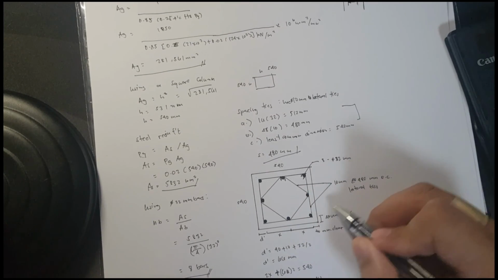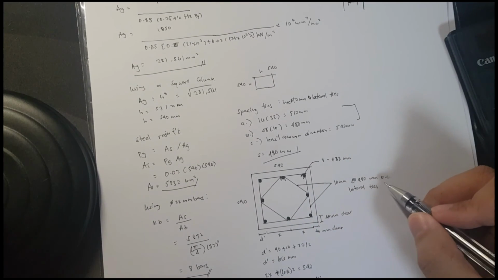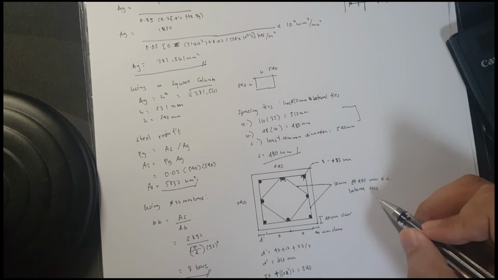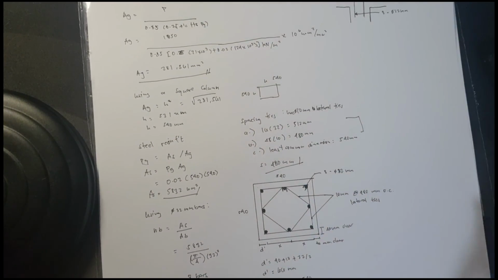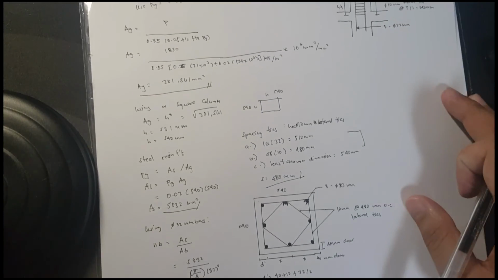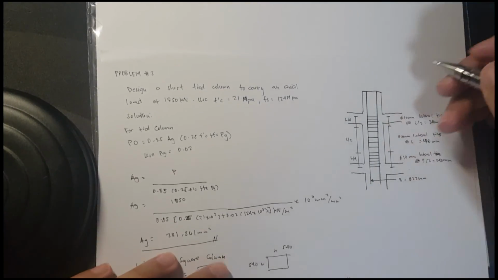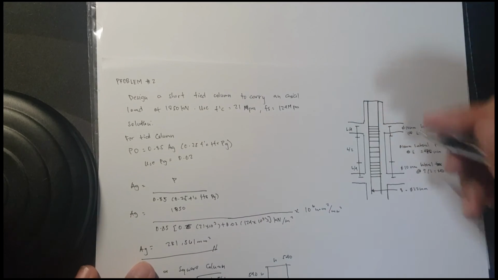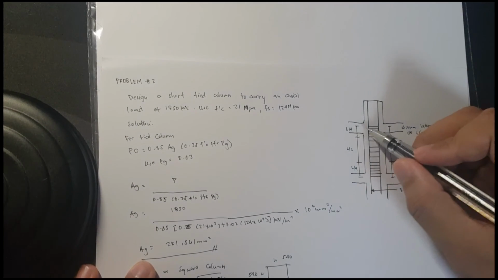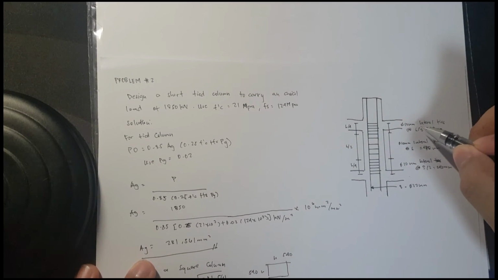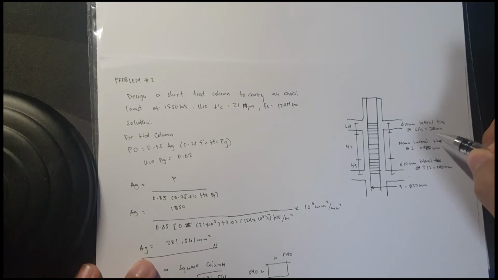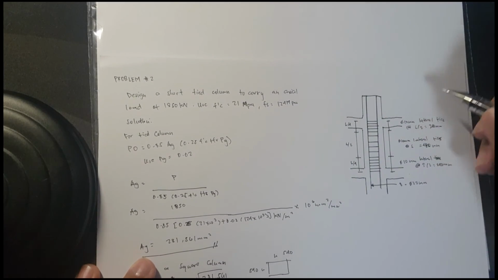Therefore magdadagdag pa tayo ng additional lateral tie na katulad dito. Dagdagan na natin siya ng 10 mm at 480 mm lateral ties, kasi malaki yung nakuha natin na x, 204. So ito na yung magiging itsura niya, ito yung pinaka-column niya. So yung L over 4 natin is 10 mm diameter lateral ties, tapos 240 spacing niya.